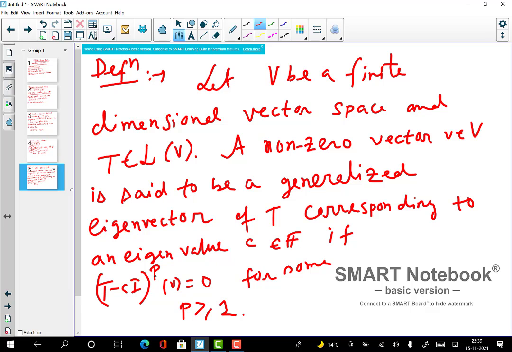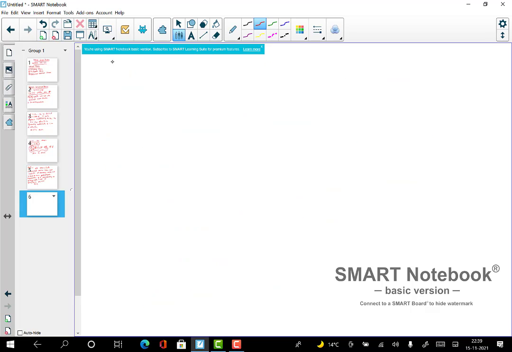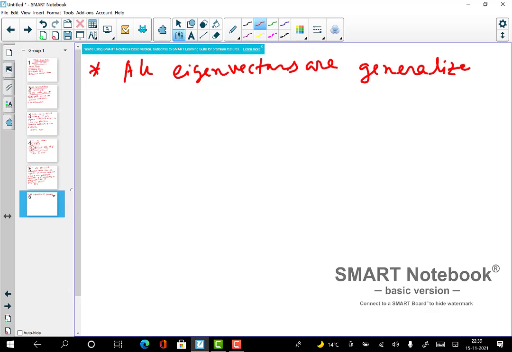Here it is (T minus CI)^p. So in general, all eigenvectors are generalized eigenvectors of level 1, or some people say rank 1.